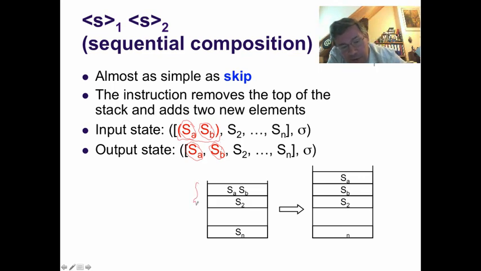If you look at the diagram, the input semantic stack has one instruction on the top. This is popped, and in the output we put two instructions on the semantic stack. So what has happened is that the semantic stack is now one element bigger.